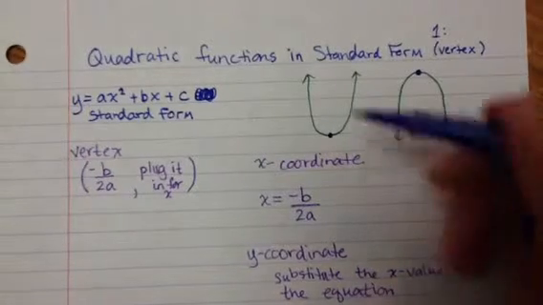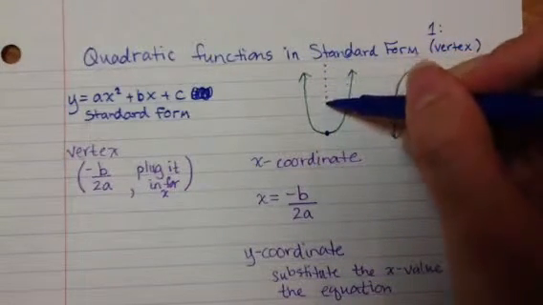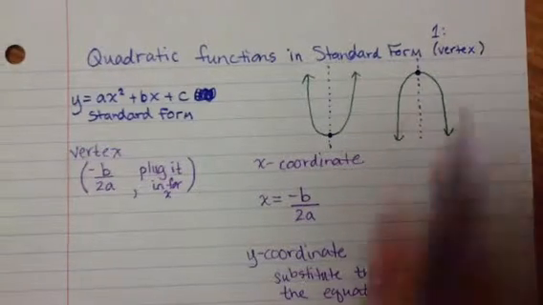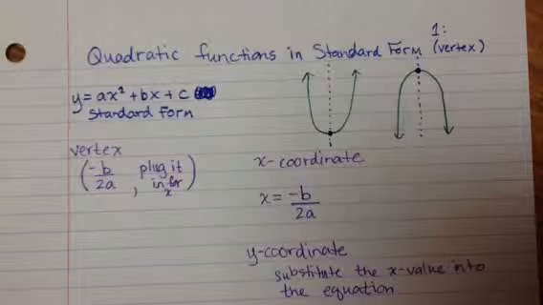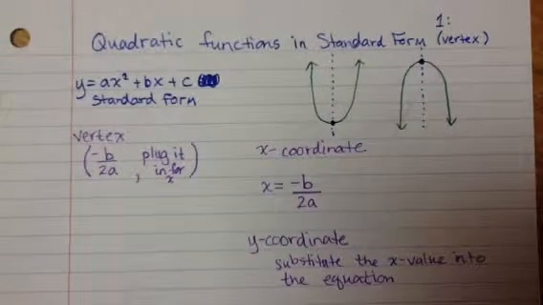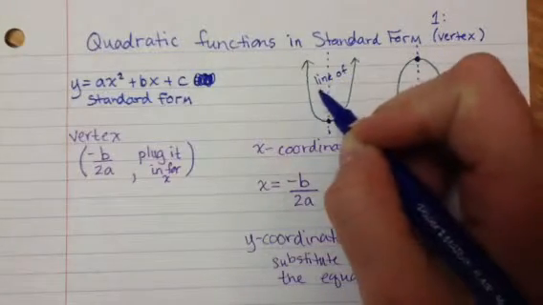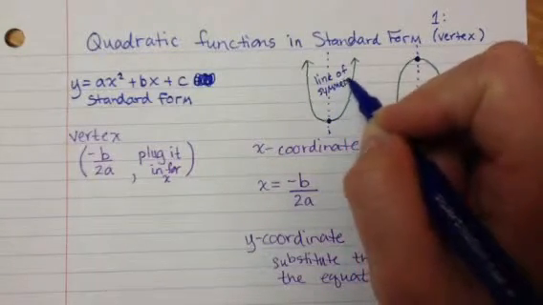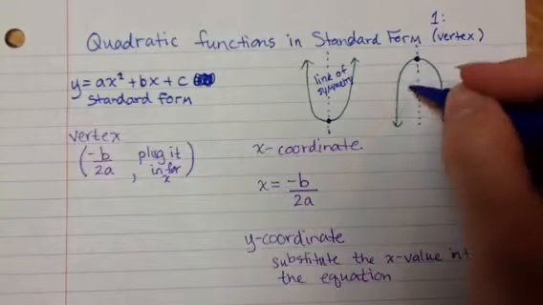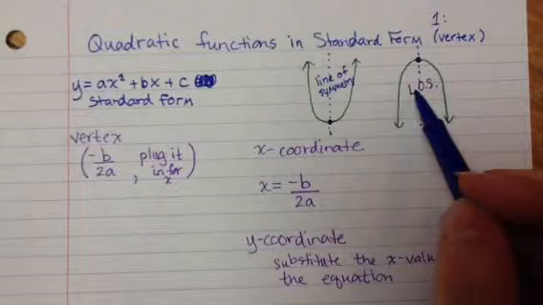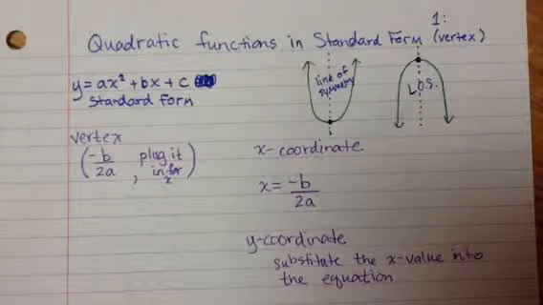Now if we drew a vertical line through that vertex, that vertical line would cut the parabola exactly in half. And that vertical line is actually called the line of symmetry. We have a line of symmetry here, I'll abbreviate it LOS, and a line of symmetry for that other parabola.